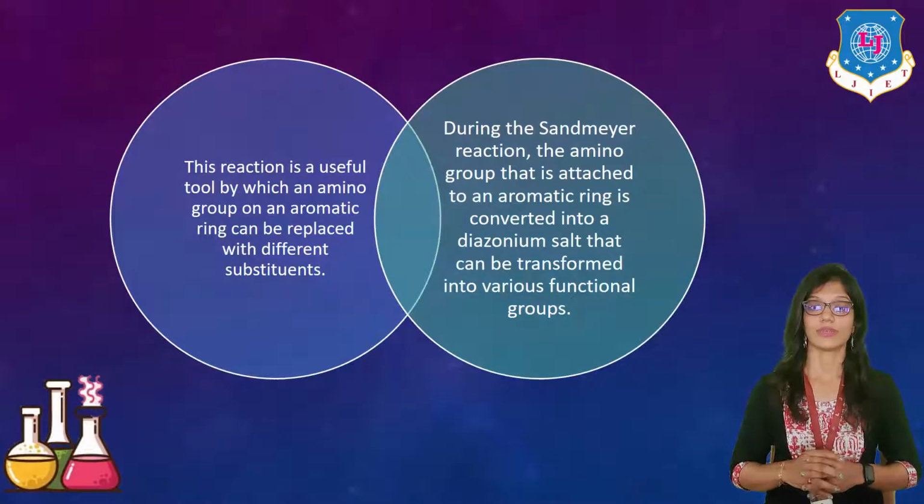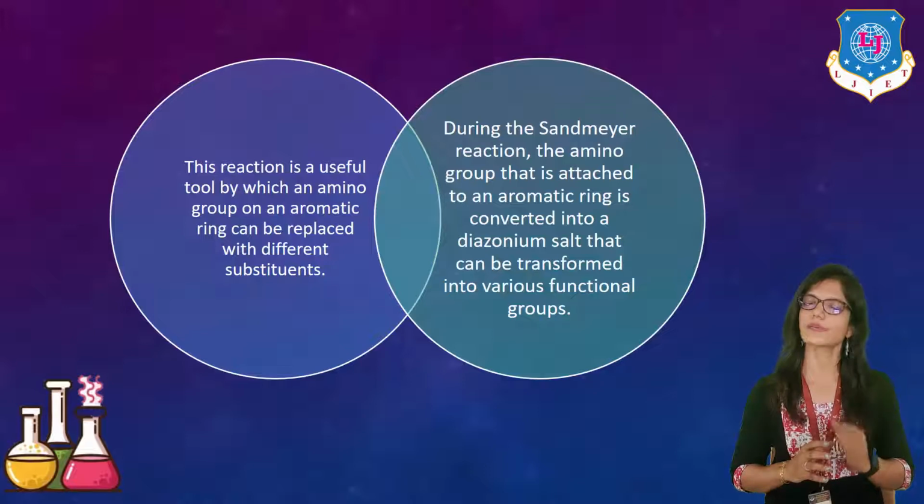This reaction is a useful tool by which an amino group on an aromatic ring can be replaced with different substituents. And which substituents do we use here?